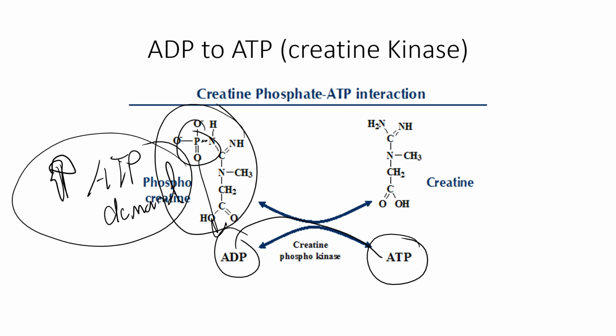So when ATP demands are enormously high and immediate, most cells will rely on this phosphagen system to some degree.